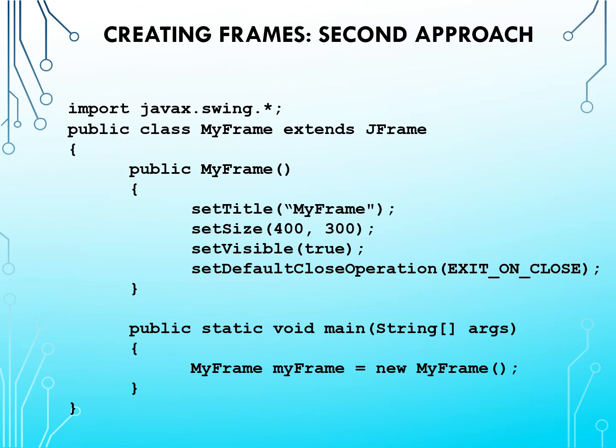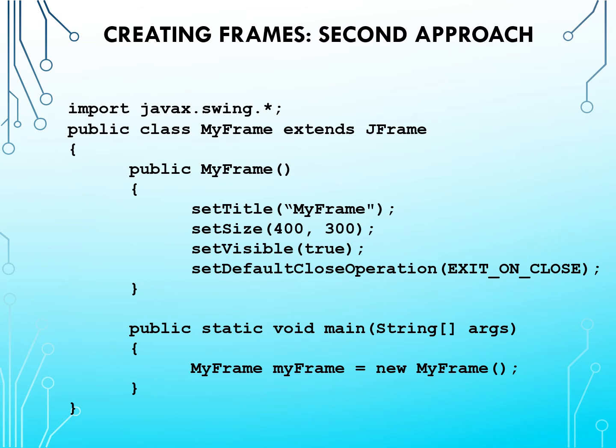So the second approach is another way of doing it. You also have to manually code it, but this time around you create a class, you import javax.swing.*, and then you create your class, but you extend JFrame.